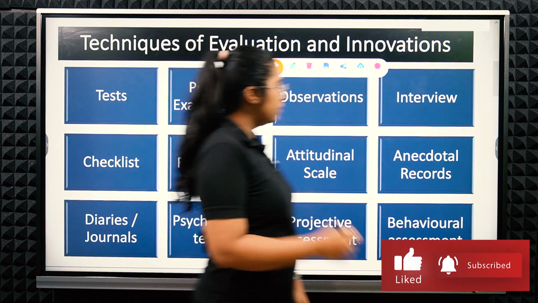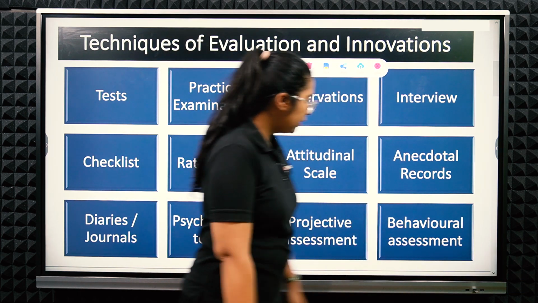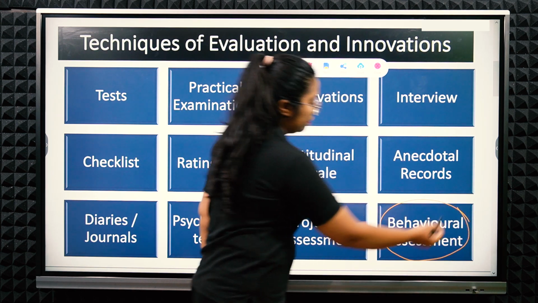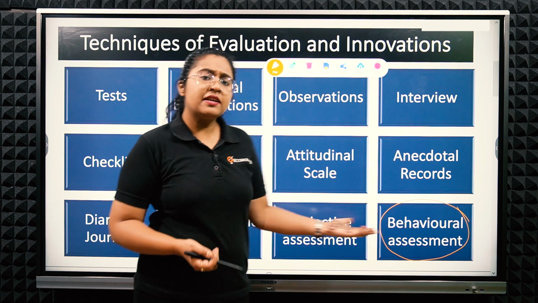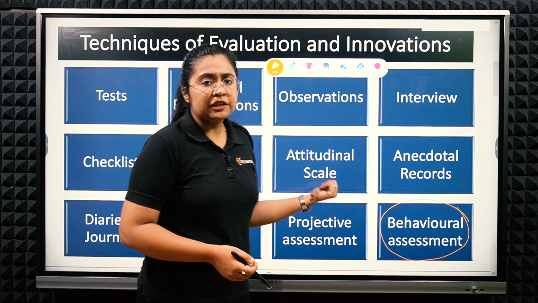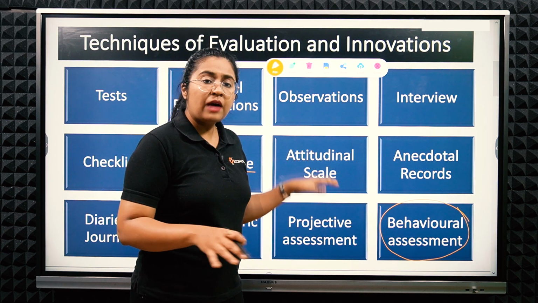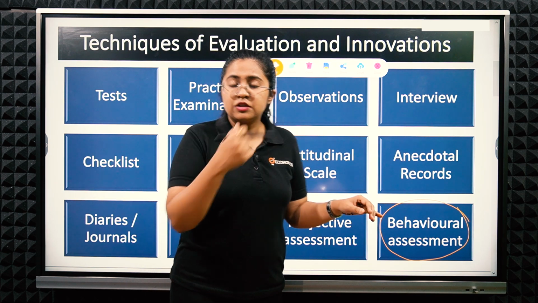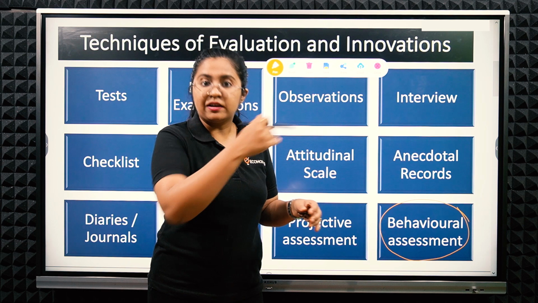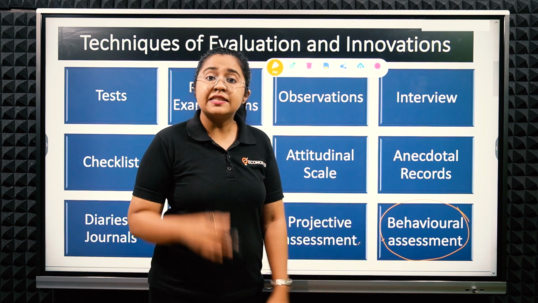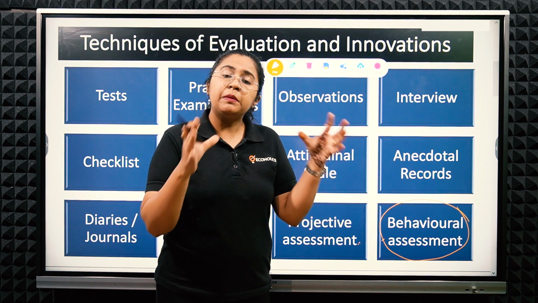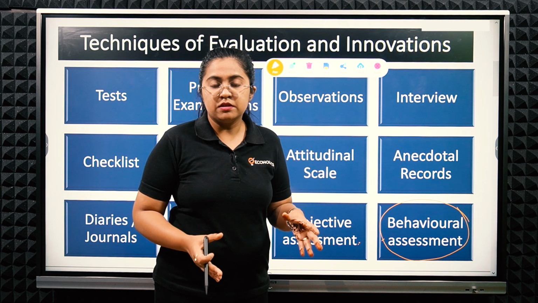Then we have the behavioral assessment. Now, behavioral assessment is moreover like an attitudinal scale, although an attitudinal scale is like a scale on which the candidates or anyone can be categorized, while behavioral assessment can be a series of tests which can be put together like an assessment, like a record.